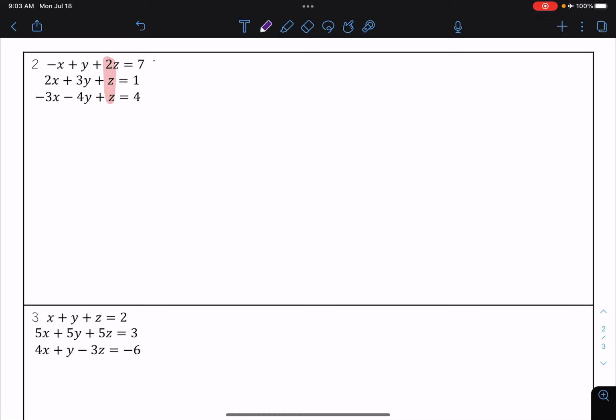So I'm going to label my equations 1, 2, 3. And I'm going to work with equations 1 and 2 first. So here, if I'm wanting to eliminate z, I need to multiply this bottom equation by negative 2, so I can have a negative 2z.